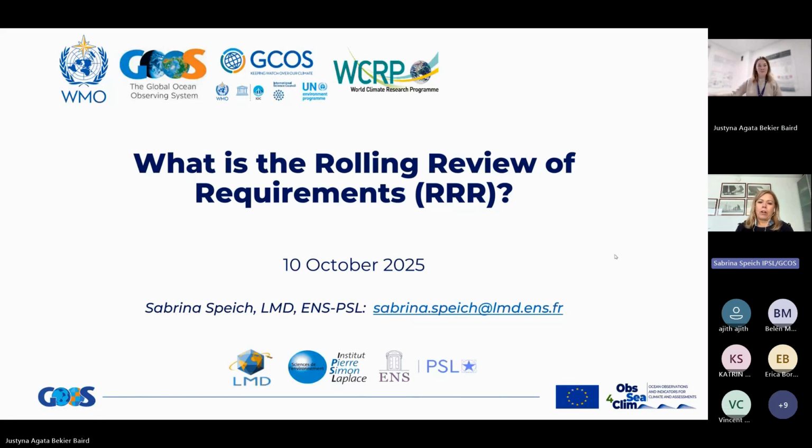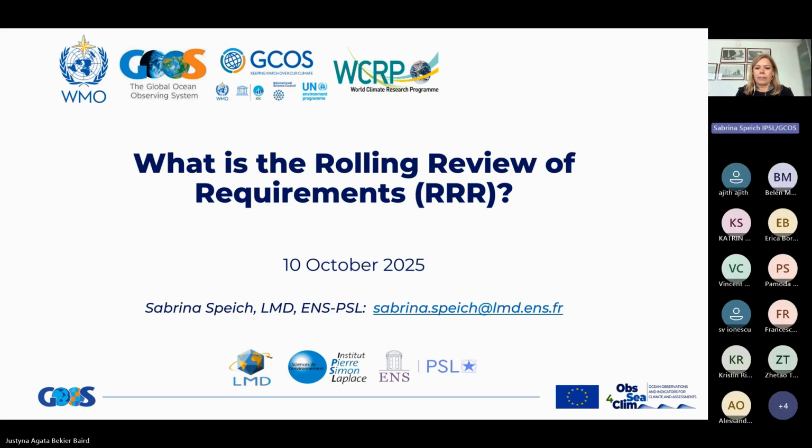As I am involved in the rolling review of requirements, which is a process led by WMO, in terms of the ocean, because there is an ocean application now in this process, I will try to provide a brief summary on what the rolling review process is in general, with an emphasis on the ocean and how the OPSI4CLIM European project is contributing to it.